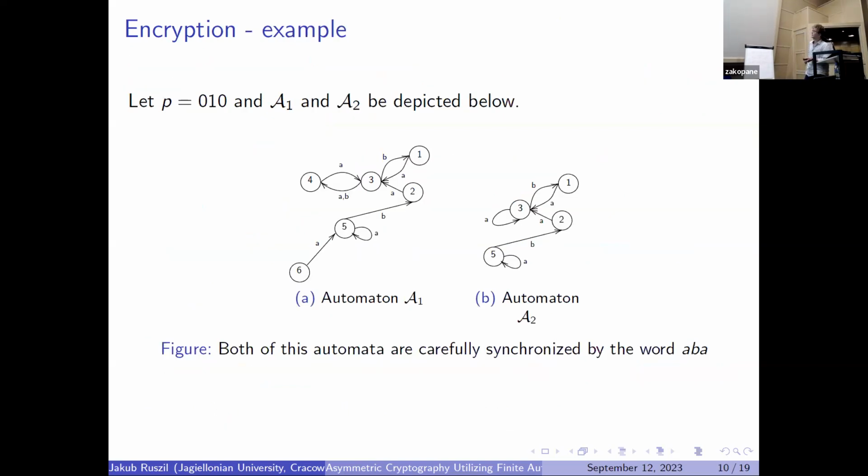Here we have the example. Sorry, I forgot: in the example, we assume that P is 0, 1, 0, and A1 and A2 are here. It's easy to check that there are some lacking transitions here and here, and both of these automata are carefully synchronized by the word ABA.